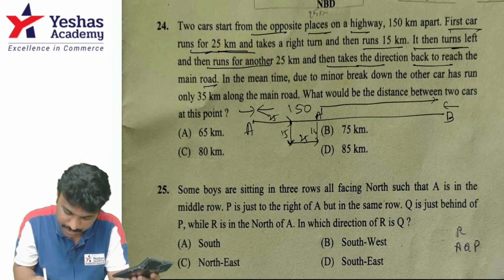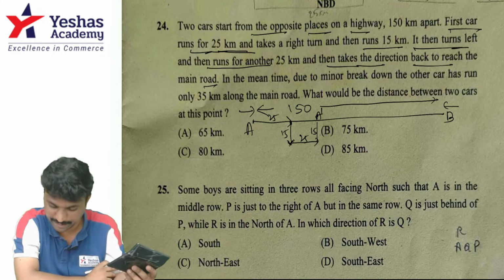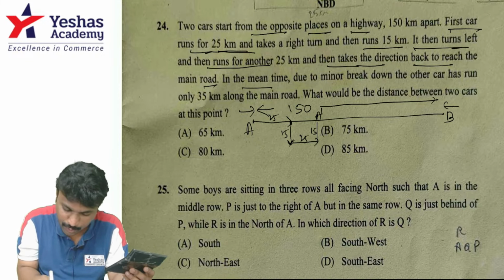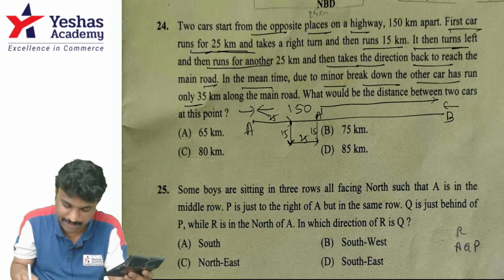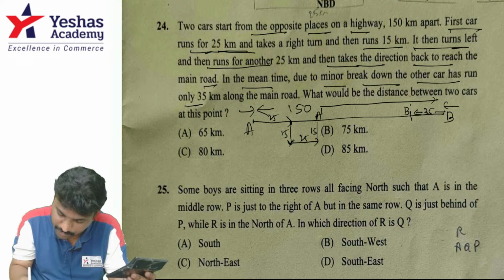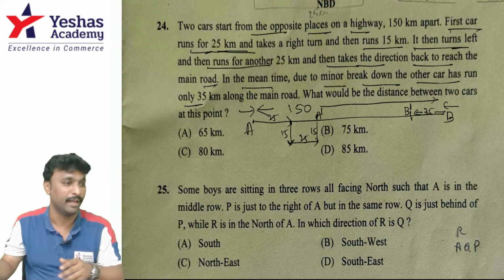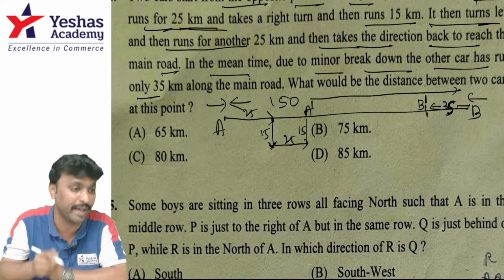So what is this distance? 15. Going back to the main road, it will have to travel 15 kilometers. Meanwhile, due to a minor breakdown, the other car has run only 35 kilometers along the main road. That means it has gone only 35 kilometers. This is the final position of B. So the second car has traveled only 35 kilometers.